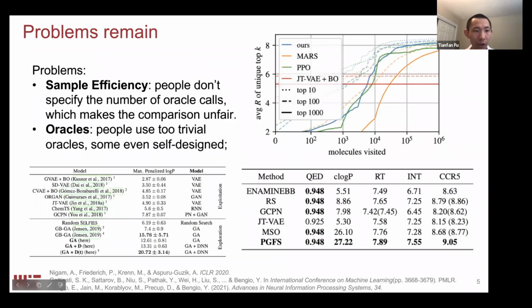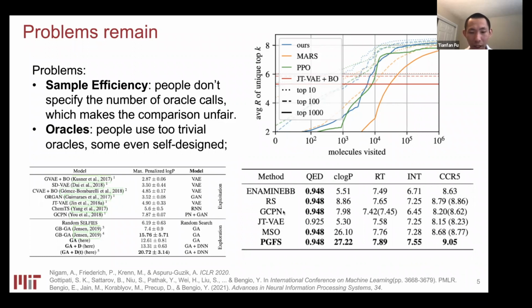The second problem is the selection of oracles. People usually use trivial oracles, some even self-designed. For example, many methods use the QED score to optimize, which is a human curated rule and easy to optimize.